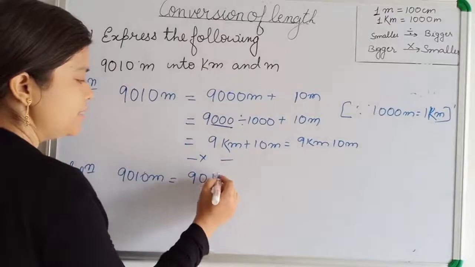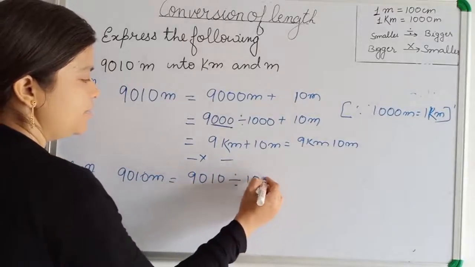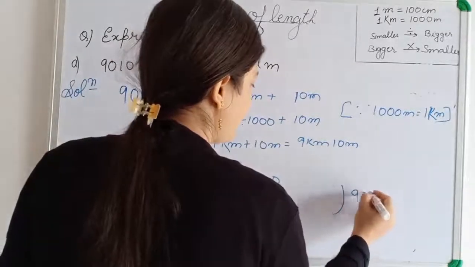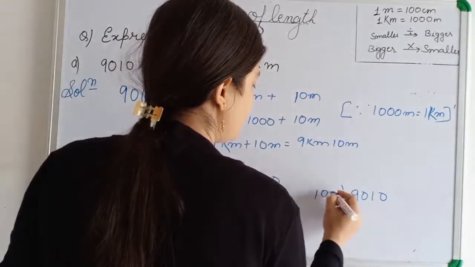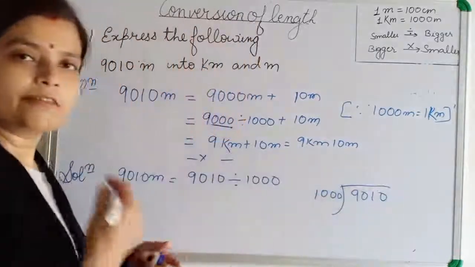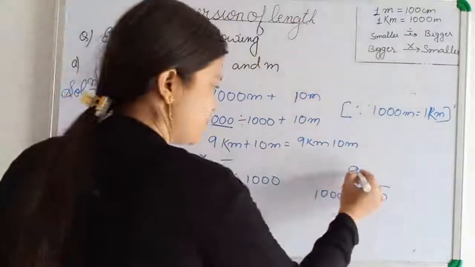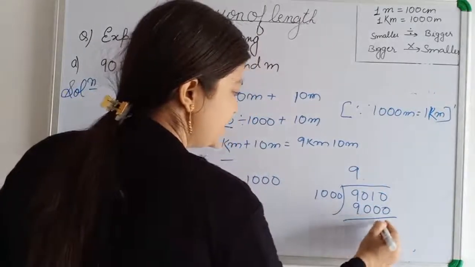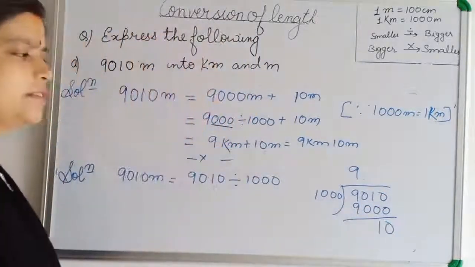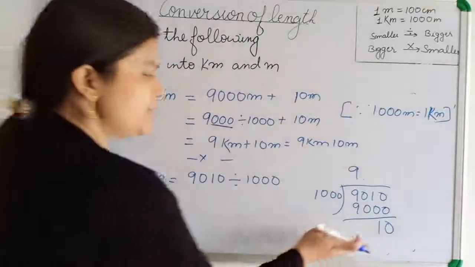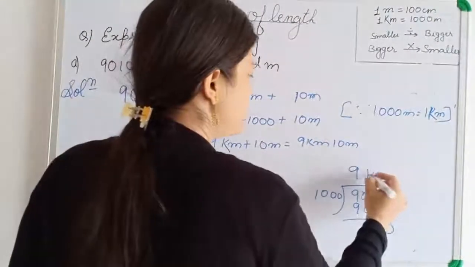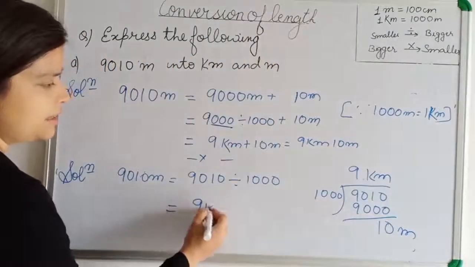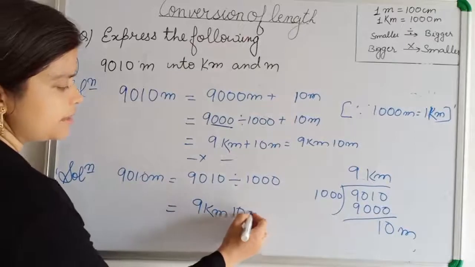So we will divide this by 1000. 1000 1s are 1000, 1000 2s are 2000, same way 1000 9s are 9000. And we will get the remainder 10. 10 is smaller than 1000, so we can't divide. This is the remainder. So the quotient we write as kilometer and the remainder we write as meter. So here it will be 9 kilometer, 10 meter.